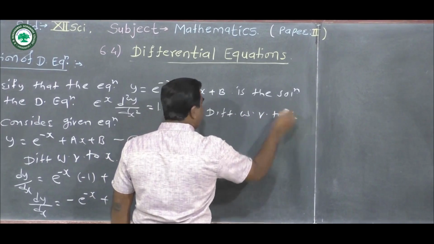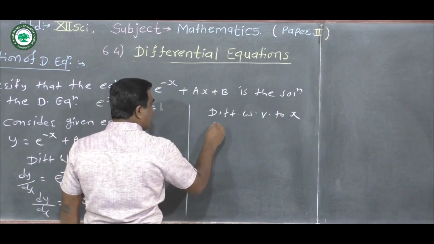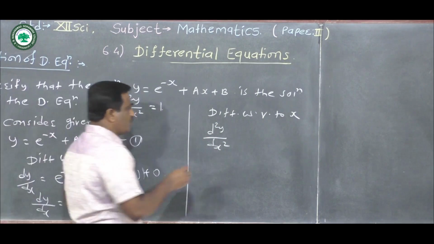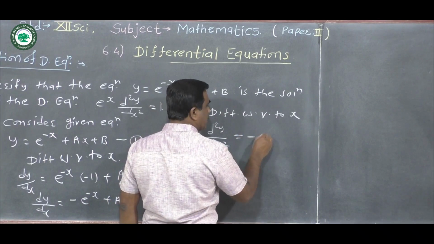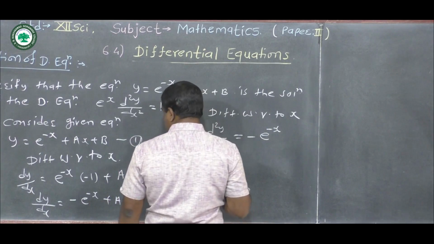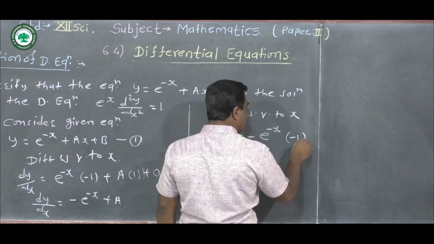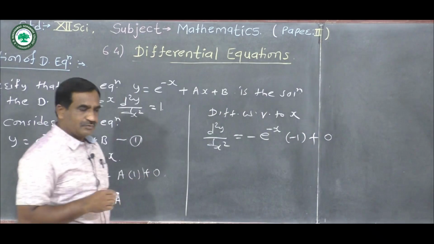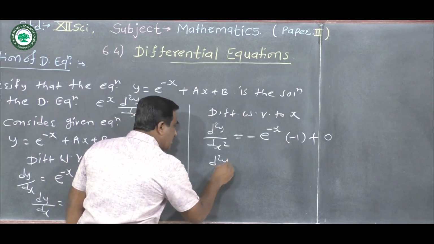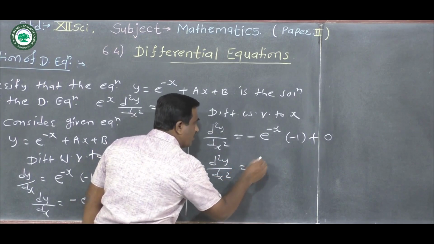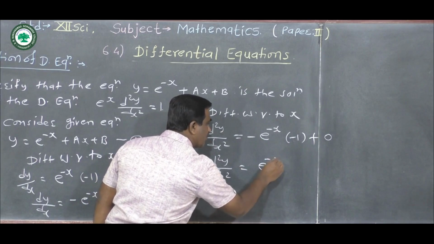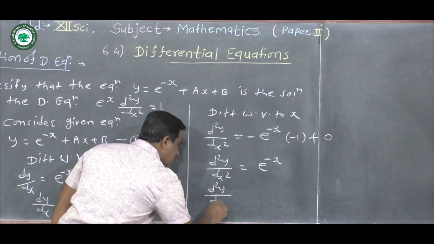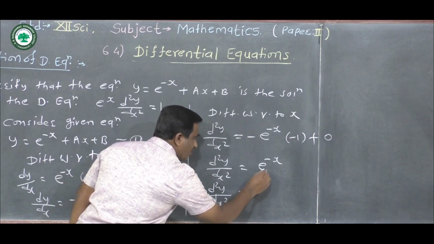Differentiate with respect to x, derivative of dy by dx is d square y by dx square, equal to minus derivative of e raised to minus x, which is e raised to minus x into minus 1, plus derivative of a is 0. That is, d square y by dx square is equal to minus into minus plus e raised to minus x.